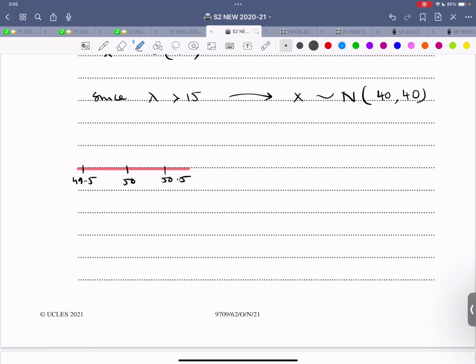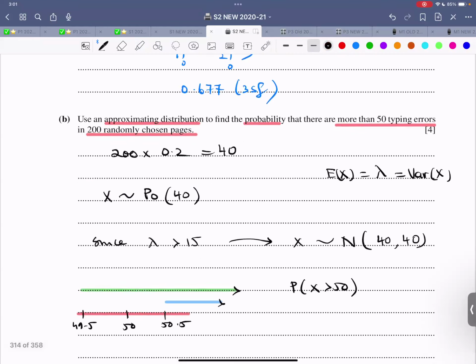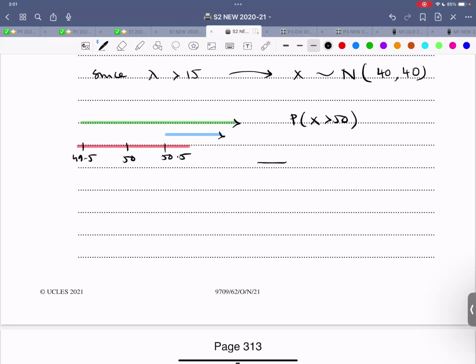Let me draw 2 number lines, one in blue, one in green. Which is the proper one? Since probability X is greater than 50 does not include 50, after continuity correction it has to be the blue one: X is greater than 50.5. Probability Z is greater than 50.5 minus 40 divided by the square root of 40. Probability Z is greater than some positive value.